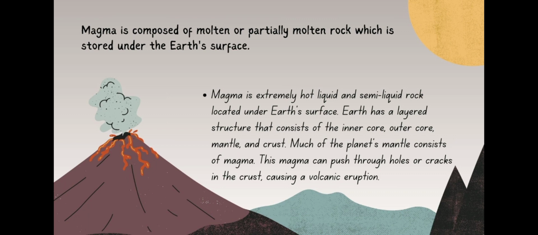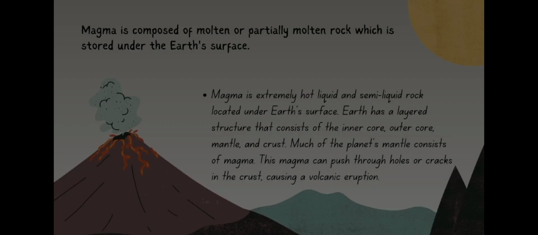This magma can push through holes or cracks in the crust, causing volcanic eruptions. The word magma is a Greek word which originally meant thick ointment. When magma finds its way to the Earth's surface, it changes its name to lava. It plays a crucial role in the formation of igneous rocks and volcanic landforms.